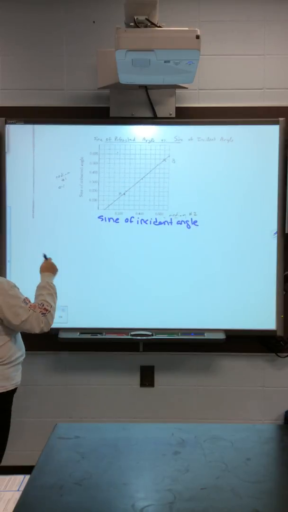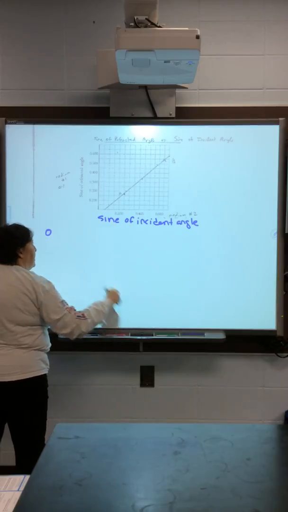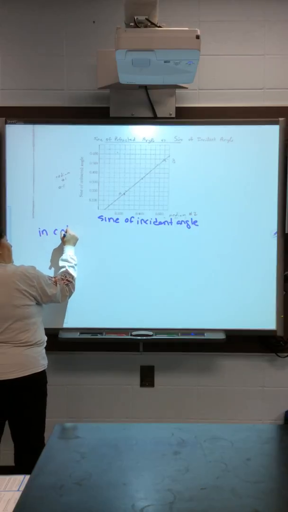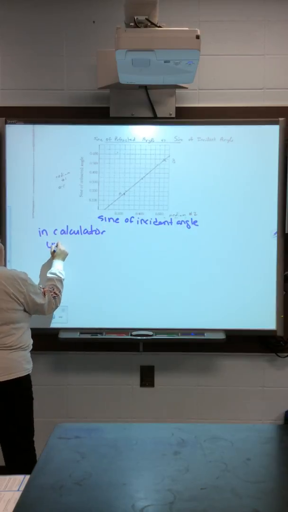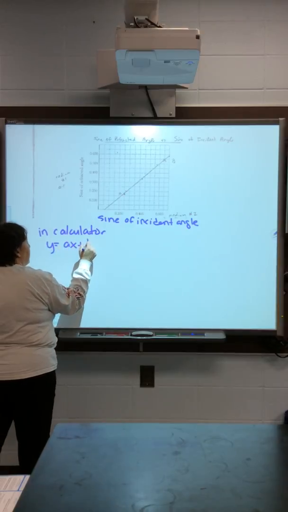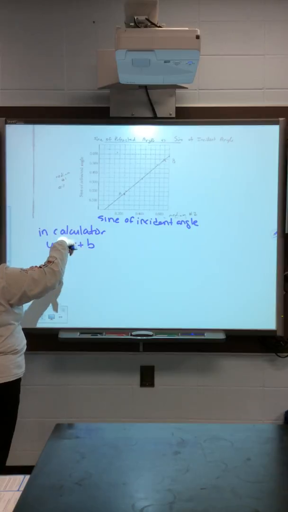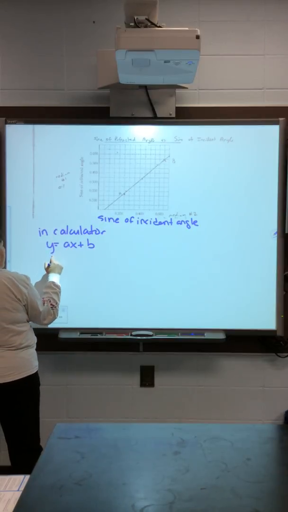So you're going to take the data from the above chart, enter it into your calculator, and solve for y equals ax plus b. So y is your refracted angle, x is your incident angle, and a is going to be your slope.